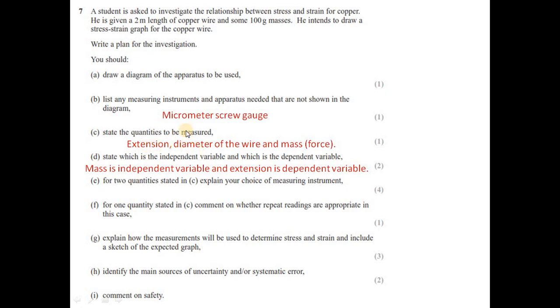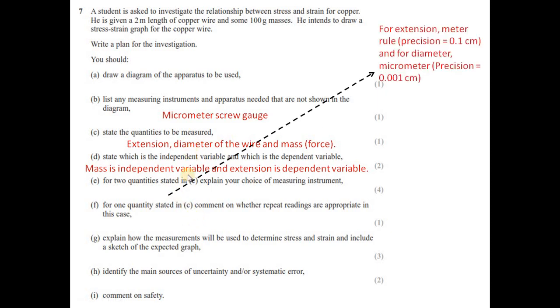And for diameter, we are going to use a micrometer screw gauge because of its precision or resolution, which is 0.001 centimeter. So you can write for extension meter rule, and for diameter we are going to use micrometer, precision 0.001.